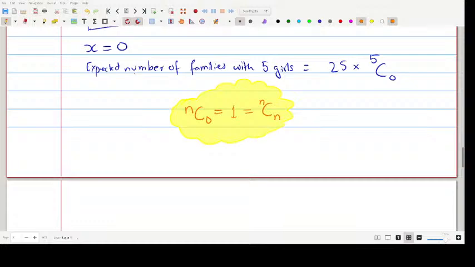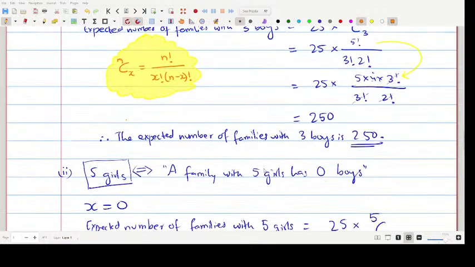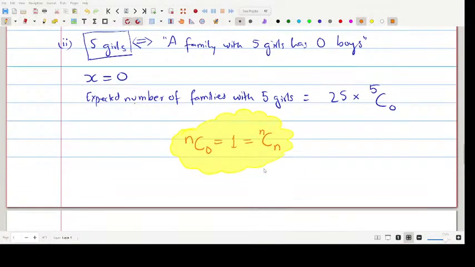So you can of course use the previous formula that we have written down here, n factorial by x factorial into n minus x factorial. But in this case, if you find something like this, you can directly write 1 over there, right? So once we have this, we can write this as 25 multiplied by 1, and that is 25, correct?